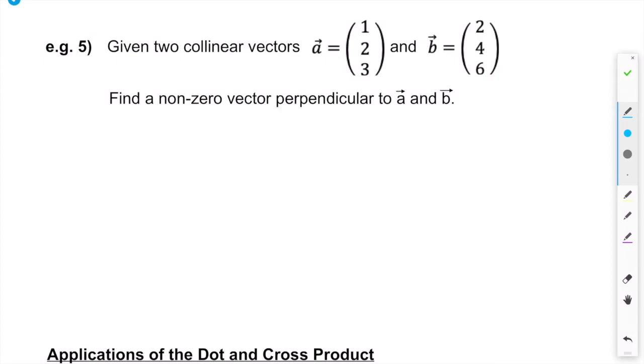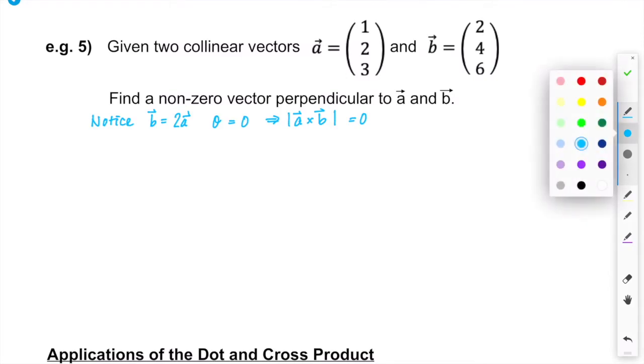However, we have a problem here because these two vectors A and B, they are collinear, meaning B is actually equal to 2A, right? And because theta between them is equal to 0, what does that imply? It implies that A cross B has a magnitude of 0. Okay, in this case, cross product is not as useful.